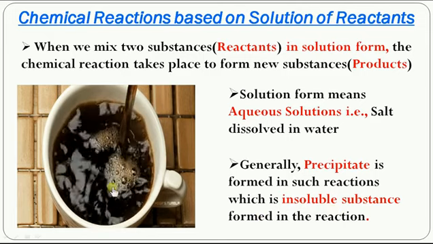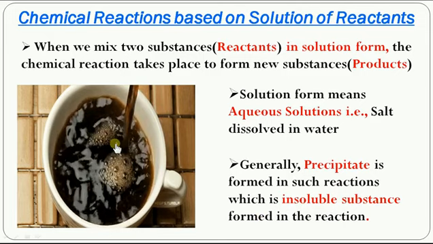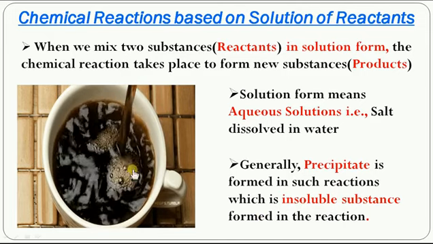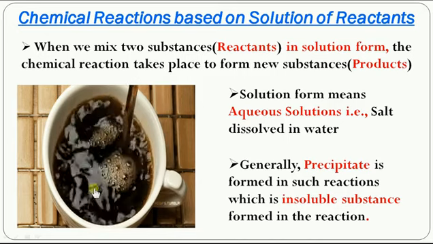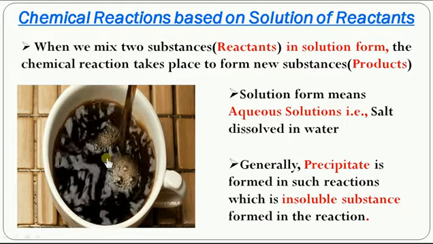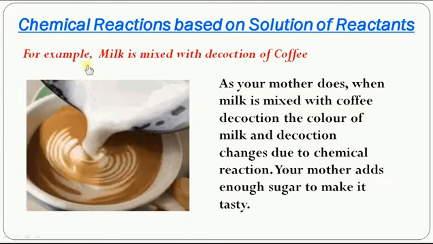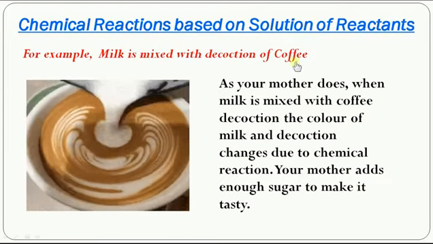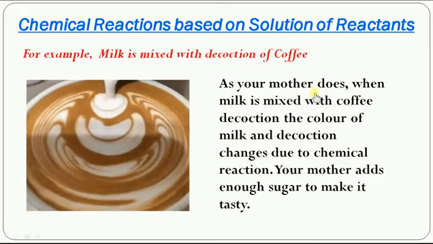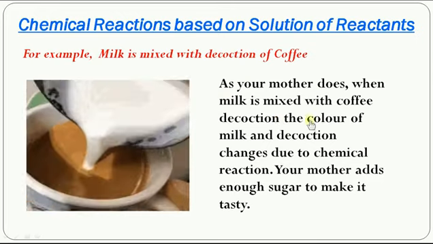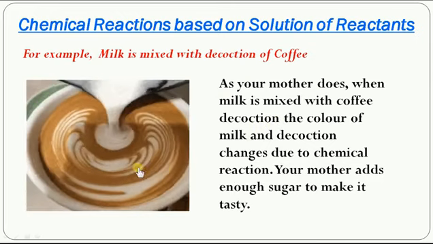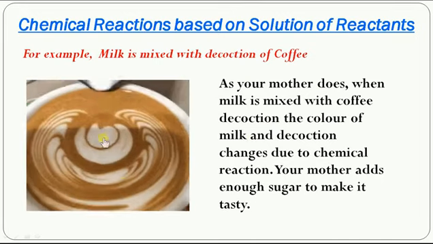Now here in this picture, the hot decoction is mixed with hot water. So a chemical reaction happens between the hot water and the decoction, right? The next one, when the milk is mixed with the decoction of the coffee, as a mother does, you can see the color of the coffee changes.